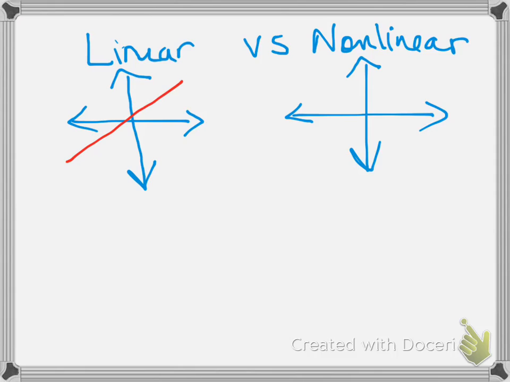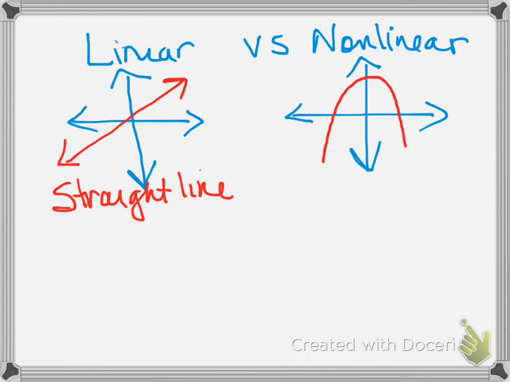For linear, you would look for a straight line. It is linear if it is a straight line. It would be nonlinear if there would be a curve involved. So nonlinear because it has a curve. So that might be something that helps you decide, and that's the explanation. If it has a curve, it is definitely nonlinear.